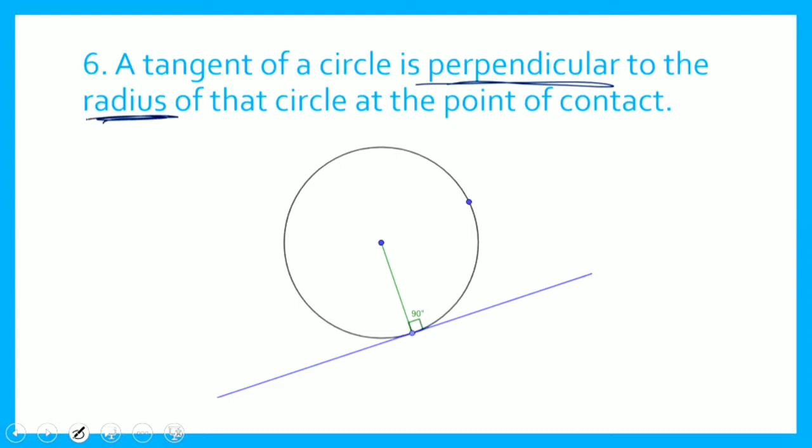So if you have a radius here, as you can see, and once it touches a tangent at that point, a 90-degree angle has to be formed. If I put another radius here and I draw a tangent to it like that, a 90-degree angle is formed.